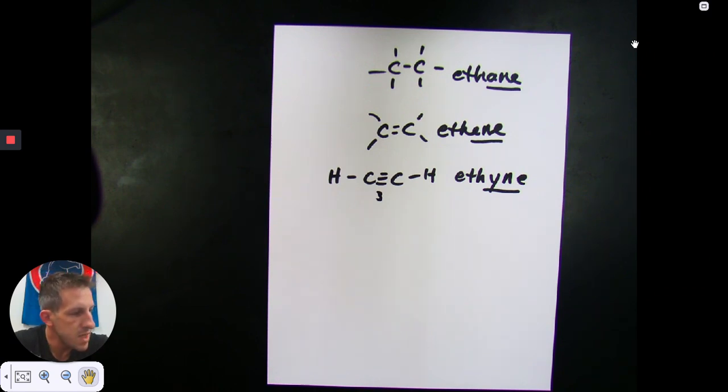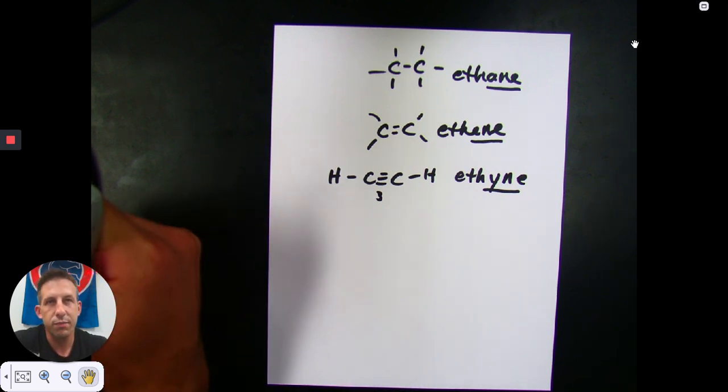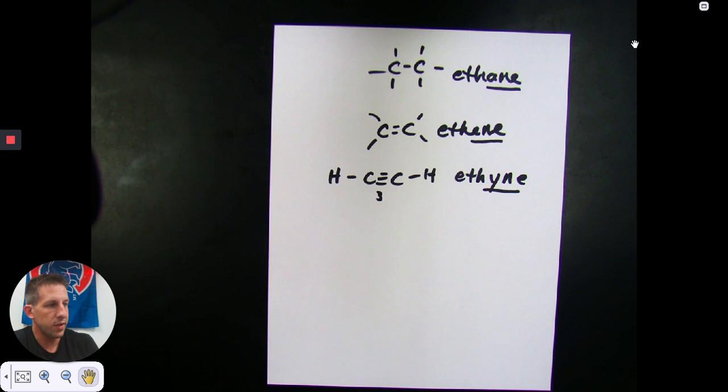Now, I don't know a whole lot about ethane versus ethene versus ethyne, but I could bet that if you get a nice big chemistry book that tells you all about the physical properties of these things, they're going to have different flash points, different melting points and freezing points, and things of that nature. They're going to have different properties.